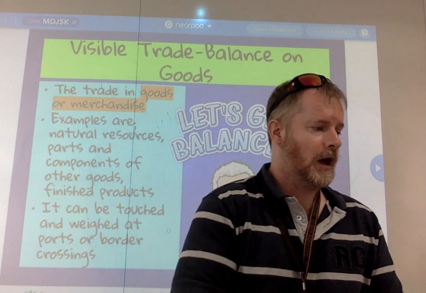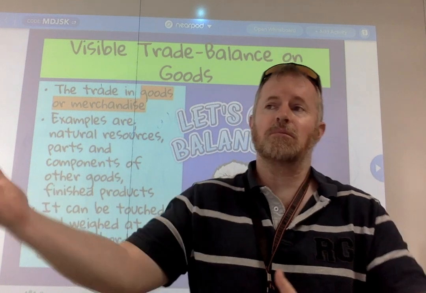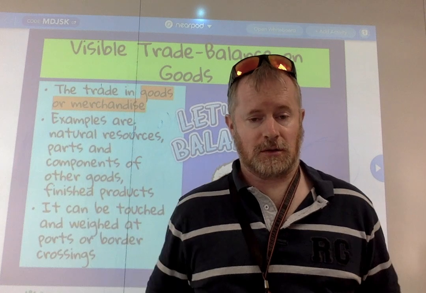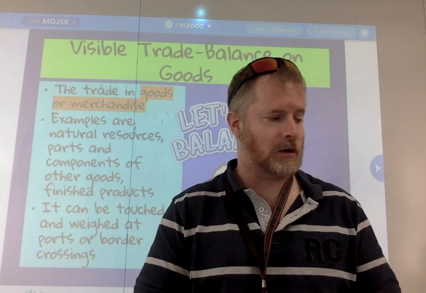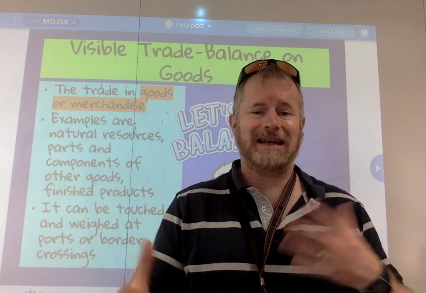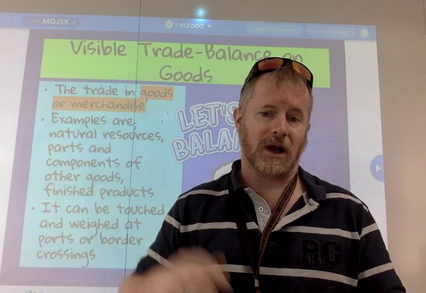All sorts of things can be goods, as you understand. We can import and or export a whole range of these goods. It could be resources, it could be finished products, anything that can be counted as an actual physical good would fall under this category.